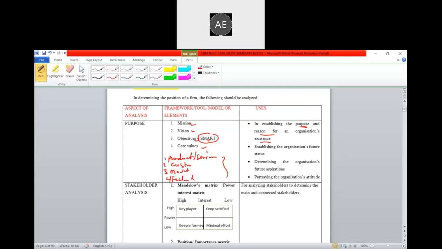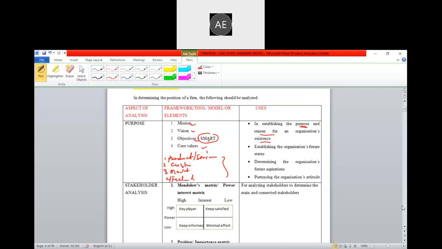So the core values of an organization should be in line with the mission, the vision, the objective. I mean, what they believe, their attitude, their ethical principles must be able to help them achieve their mission, their vision, and their objective.